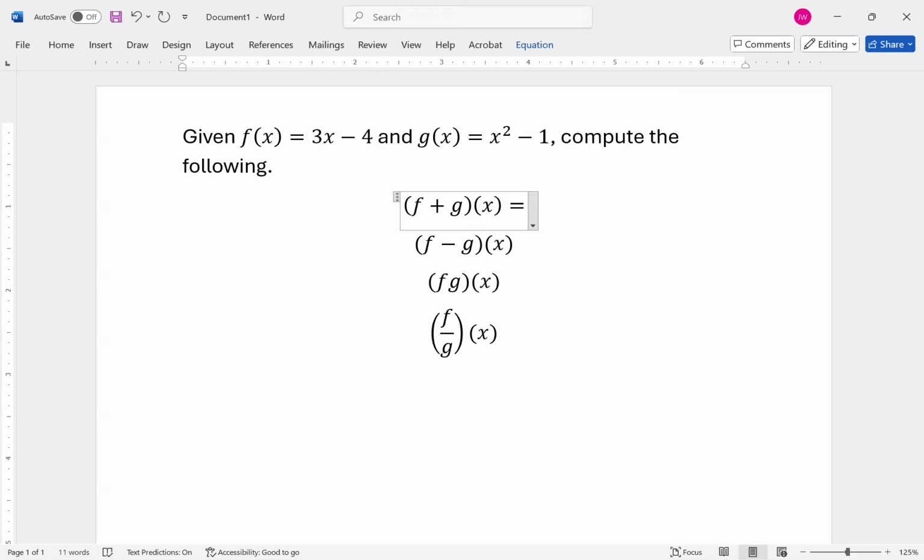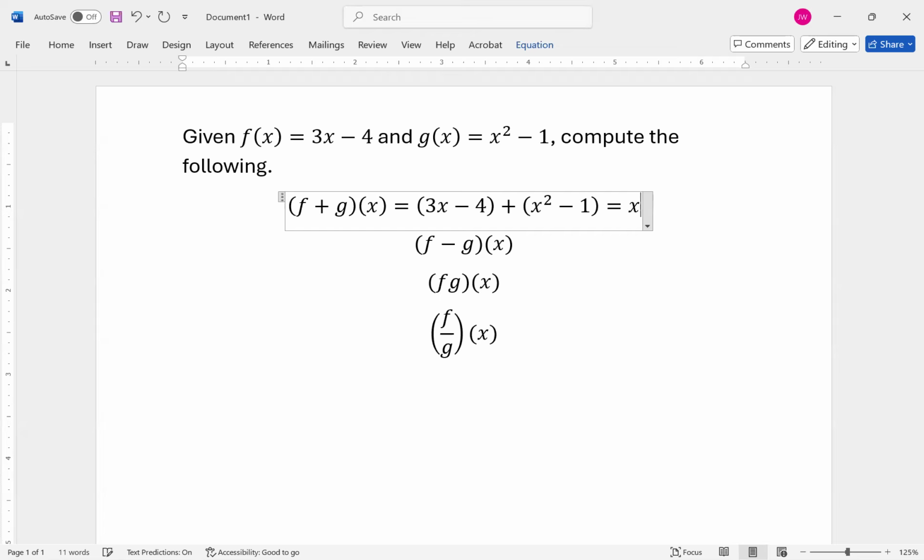Let's do f plus g of x. Basically, that's going to take f of x plus g of x. So we take the output 3x minus 4, and then we add the output of x squared minus 1. You can do the operations and combine like terms if you want. I'll combine like terms.